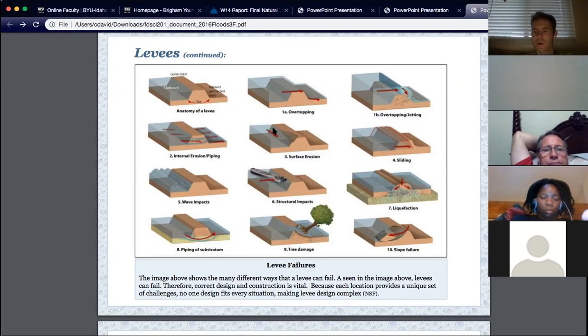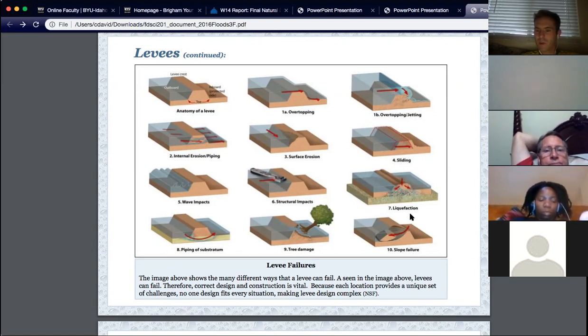You got surface erosion where it breaks to the top. You got sliding where the water actually starts to push the levee. Wave impacts, the waves can go over, the waves can erode it down and break it apart. Structural impacts, your big tankers or whatever, boats or boulders or whatever's going through can hit the levee, weaken it, and the water can break through.